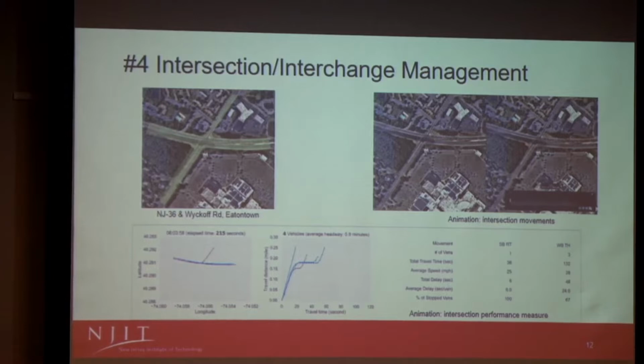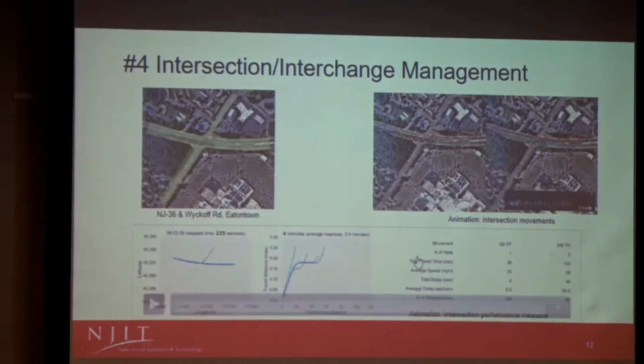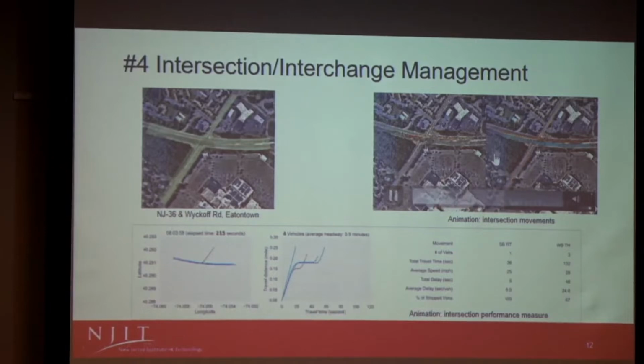So here we picked this intersection on Route 35 or 36, and made trajectory displays here, and it shows the traffic changes depending on the intersection's control operations.